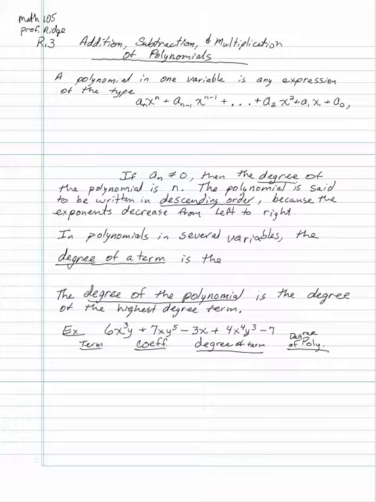A polynomial in one variable is any expression of the form a sub n x to the n plus a sub n minus 1 x to the n minus 1 plus dot dot dot plus a sub 2 x squared plus a sub 1 x plus a sub 0. This is just a fancy way of writing coefficients. The a sub n has no numerical value.